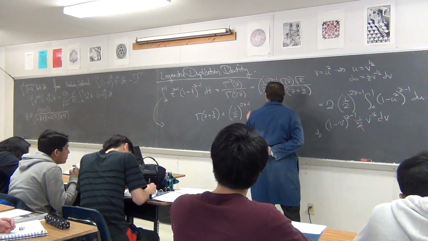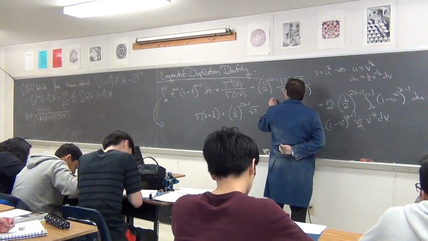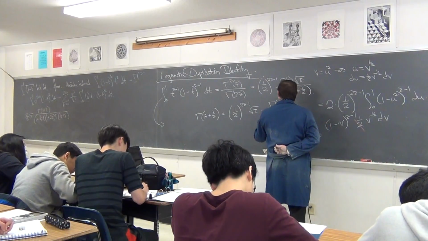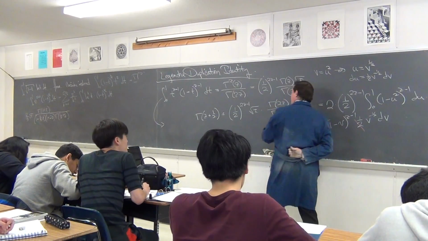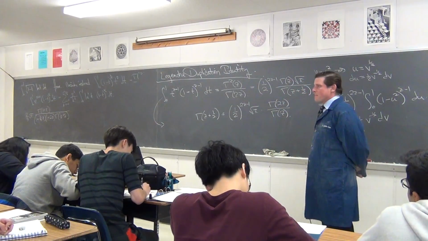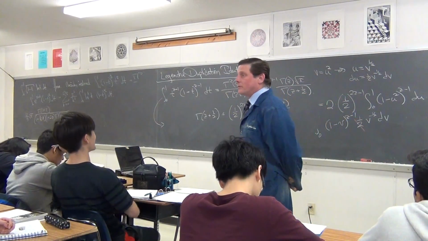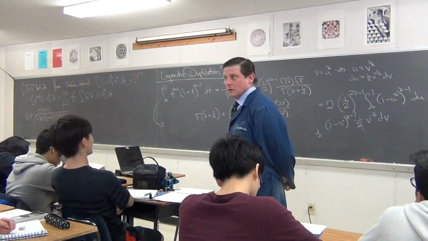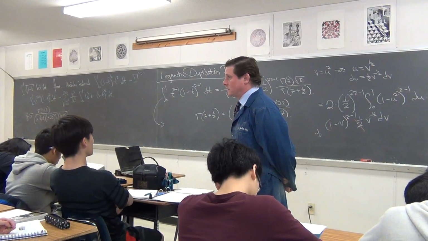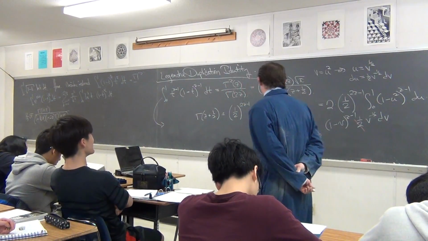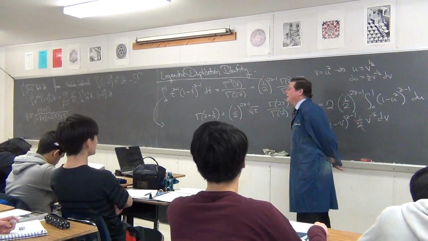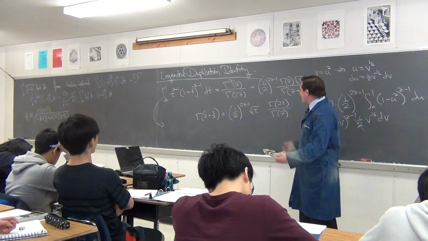It'll give me square root of pi gamma 2z over gamma z. Is everybody with me on that? Does that make sense? We're just moving it around, just like algebra 1. I mean, the symbols are different, but, all right. Question.